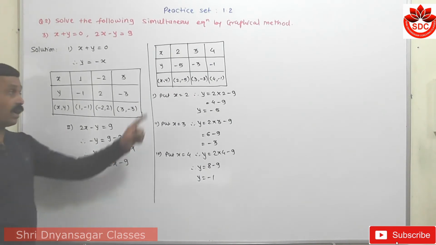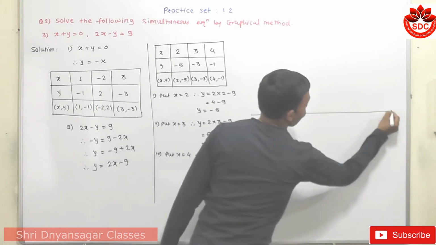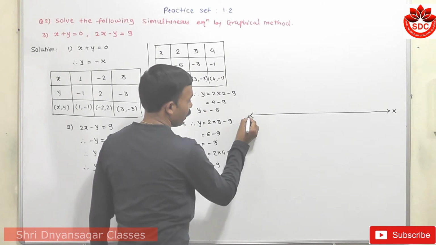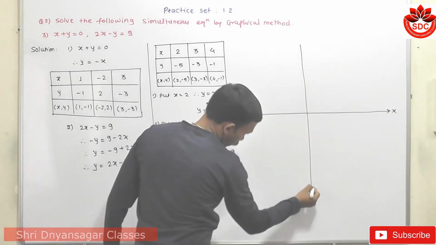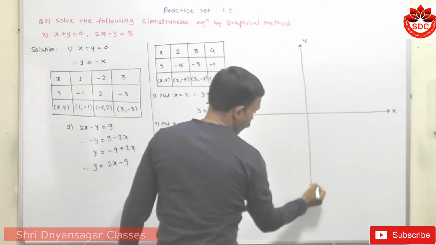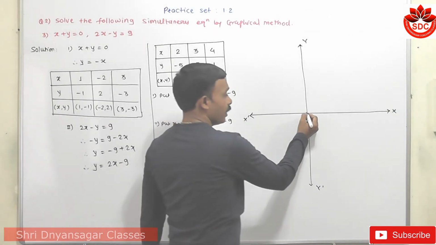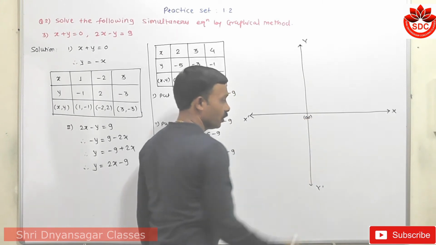I draw this graph on this board. This is the horizontal line named the x-axis. I take here x and x dash. Then this is the vertical line. It is called the y-axis. Here I show y and y dash. Then they intersect each other at one point. This is the origin with coordinates 0, 0.